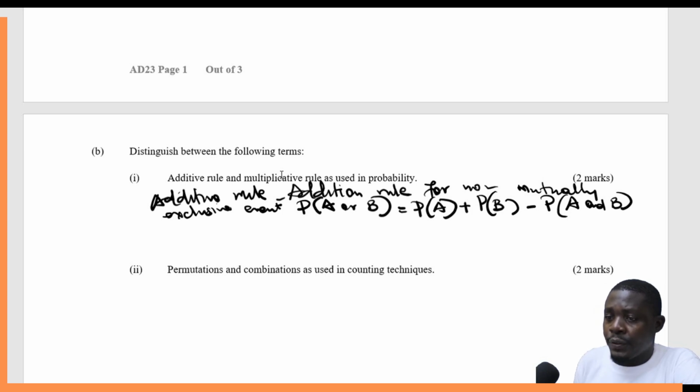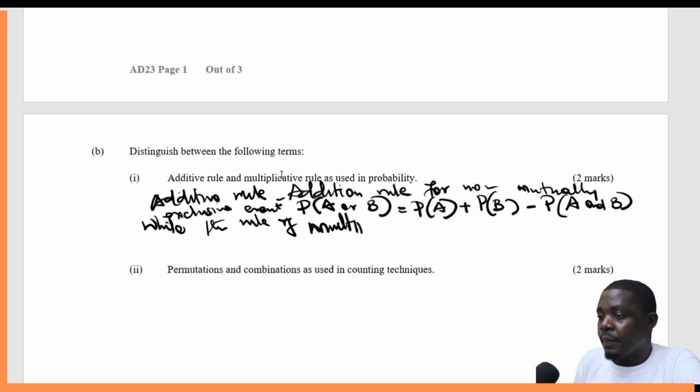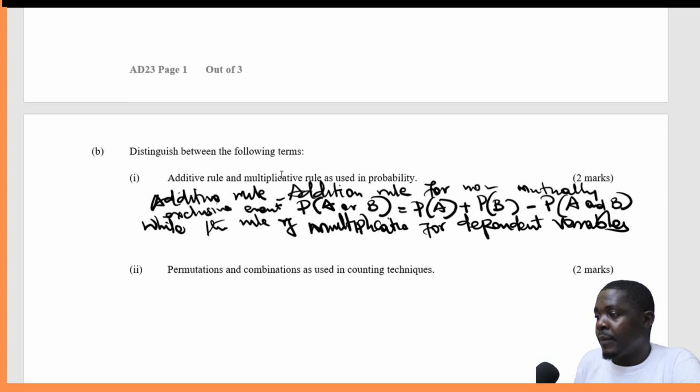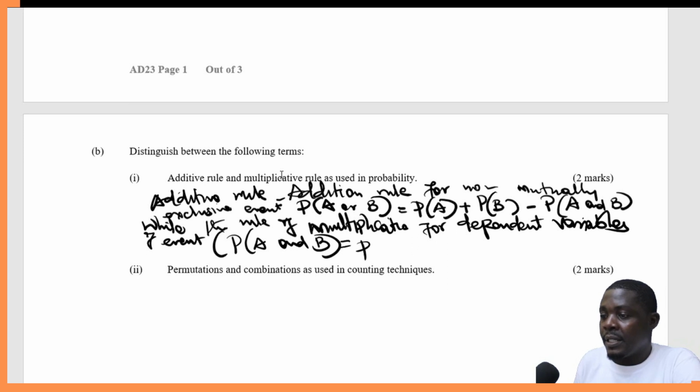While the rule of multiplication, for dependent events, is presented, for example, as the probability of A and B, in that case, it is given as the probability of A multiplied by the probability of B given A, in that order.